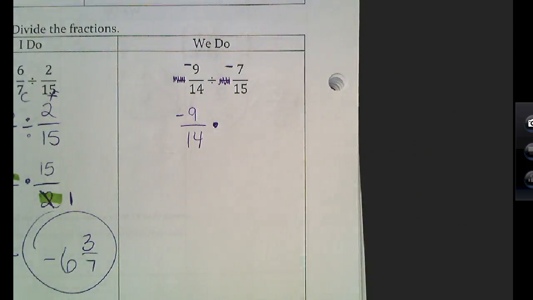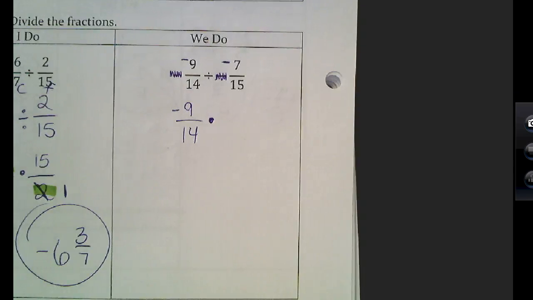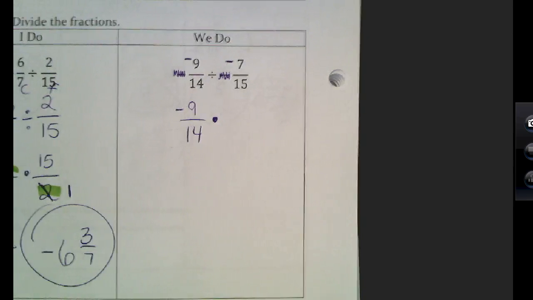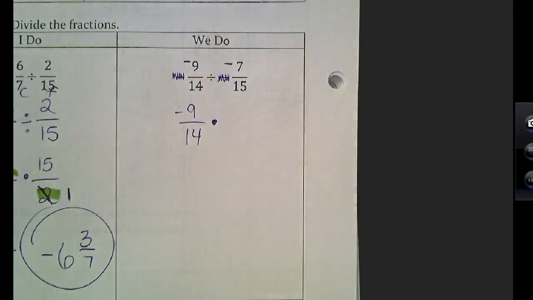Do you have the next step or do you have a question? Good question. I'm going to give you a pyro ticket. That is only when it's in the exponent. But I love the fact that you're thinking about the negative. Great critical thinking.